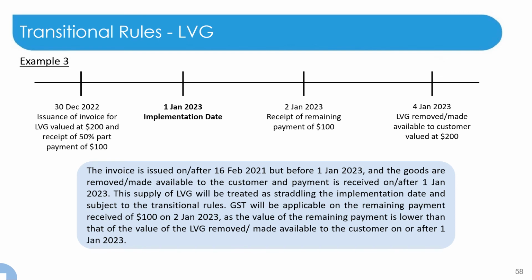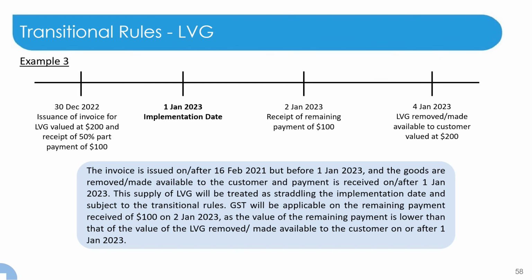We will illustrate this with an example. In example 3, the invoice is issued on or after 16 February 2021, but before 1st January 2023, and the goods are removed or made available to the customer, and payment is received on or after 1st January 2023.